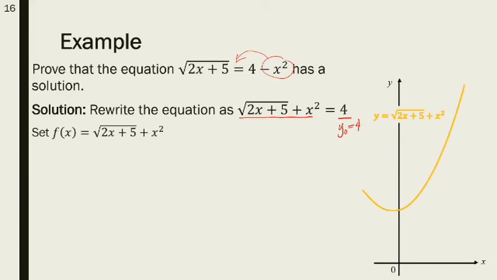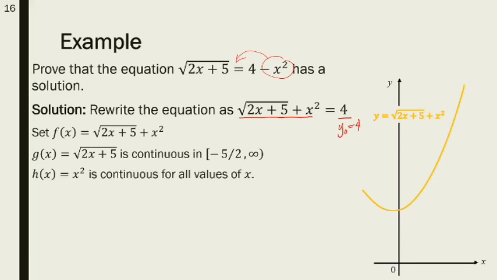Then we can set this new function on the left side of the new equation as f of x, and we can subdivide it into two functions, where g of x is equal to the square root of 2x plus 5 from the original equation, which is continuous on the half-open interval from negative 5 over 2 up to positive infinity, including negative 5 over 2.